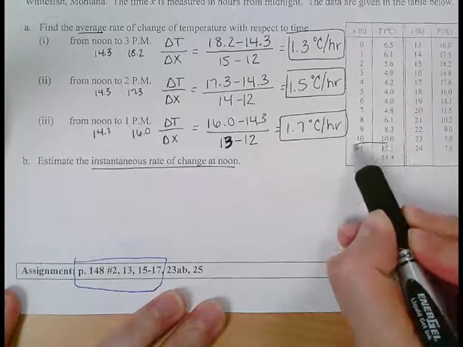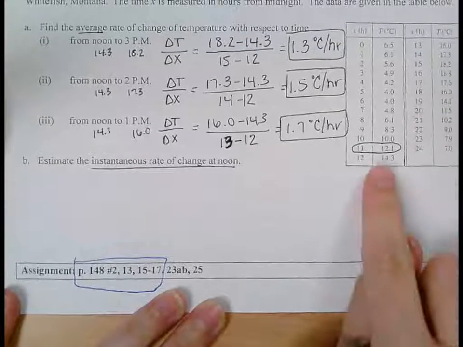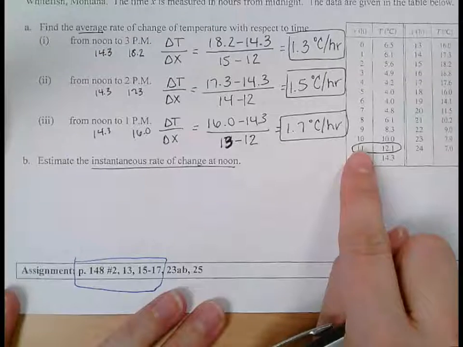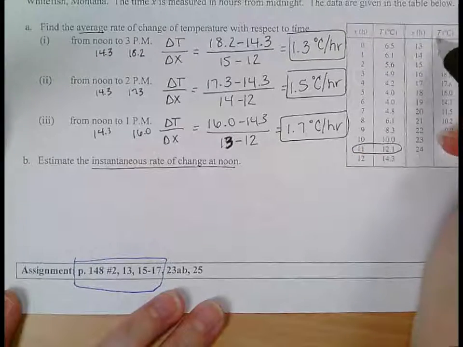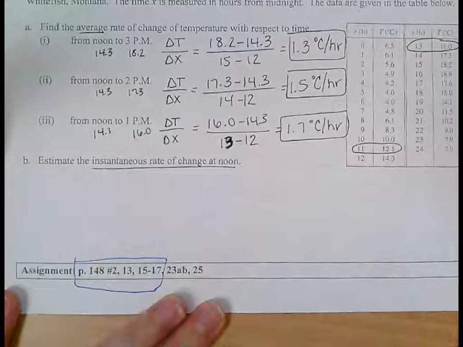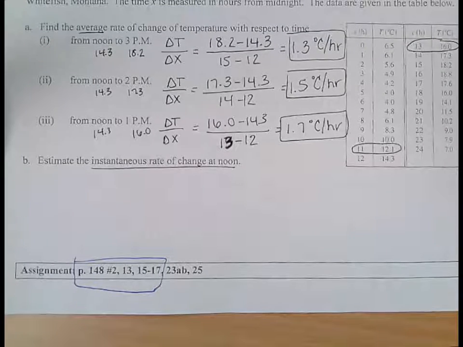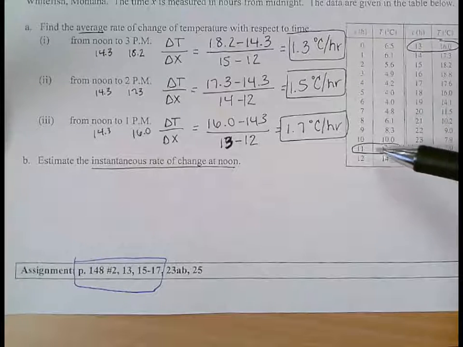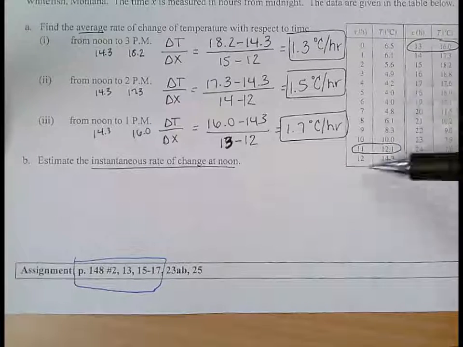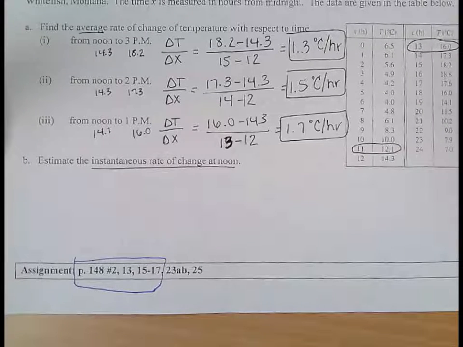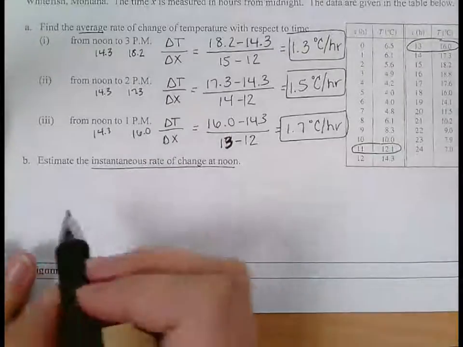You can take the value at 11 a.m., so when x is 11, and then the value at 1, and find the average rate of change between those two, and that would be the closest approximation. Or that is the same as finding the average rate of change between 11 and 12, and 12 and 13, and then averaging those rates of change.